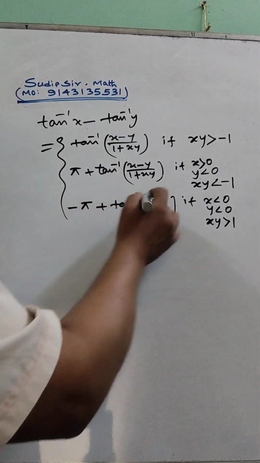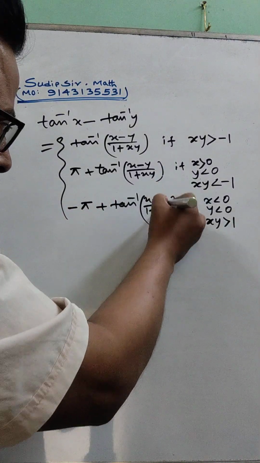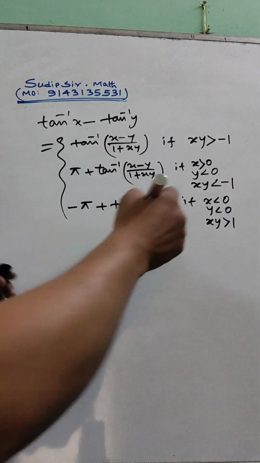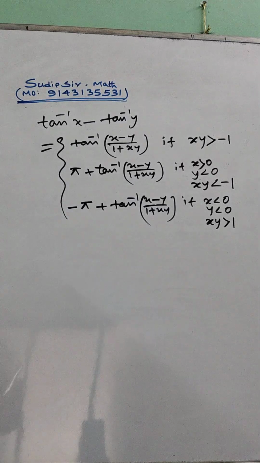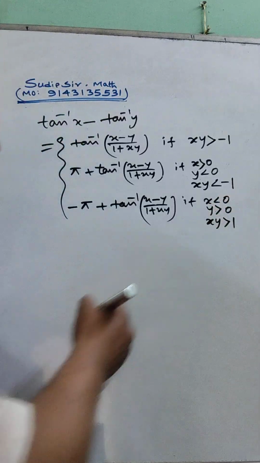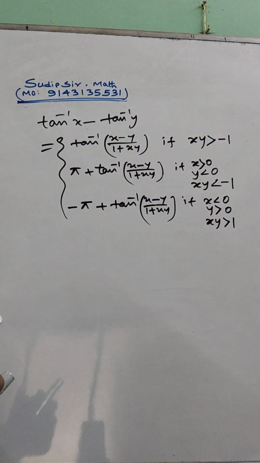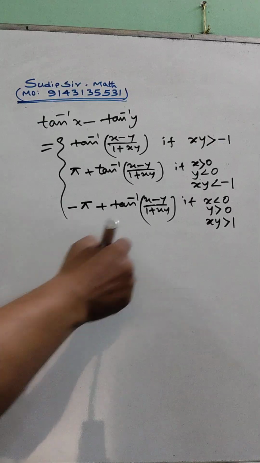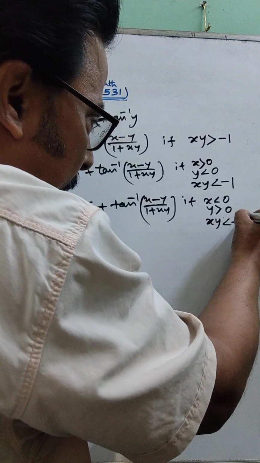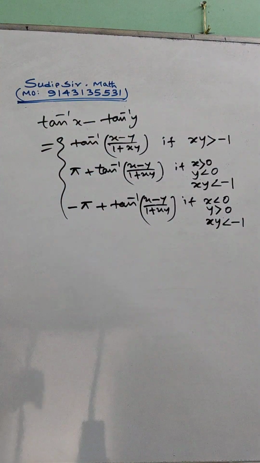And this will be minus pi plus this if x is less than 0, y is greater than 0, and xy is less than minus 1.